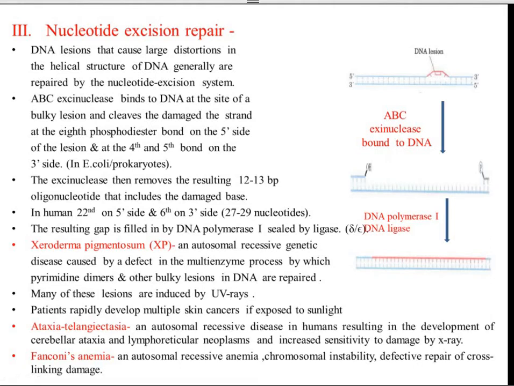Now there is an enzyme ABC-XZ nuclease. This ABC-XZ nuclease is found in the prokaryotes. So why is it named ABC-XZ nuclease? Because it contains 3 polypeptide chains, each of which is a product of 3 different genes, UVR-A, UVR-B, and UVR-C.